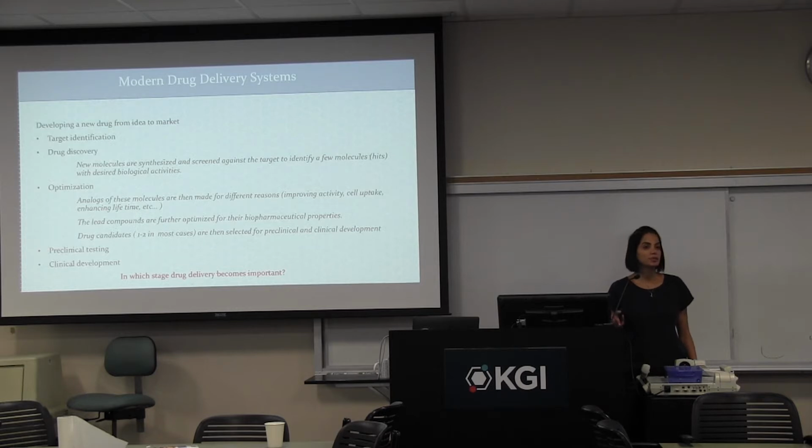Actually, drug delivery is important in every single step throughout development, because when you're identifying your targets, right? If your target is a brain, or if the target is your small intestine, if the target is a tumor somewhere else, you have to actually design drugs that are appropriate for that. You have to make sure that the drug actually gets to the target tissue. When you're discovering a drug, is it actually feasible to have a drug like that?